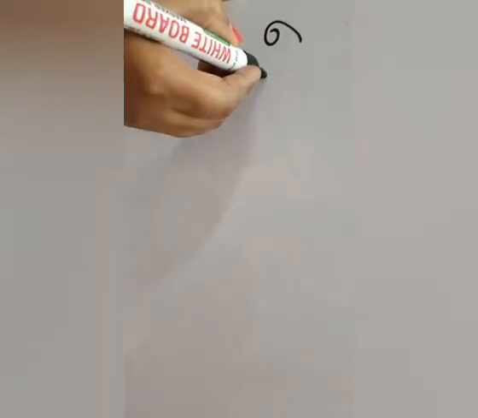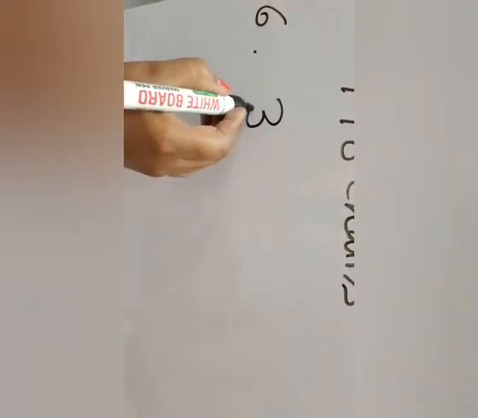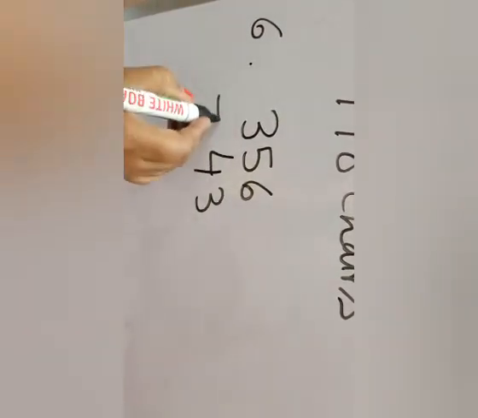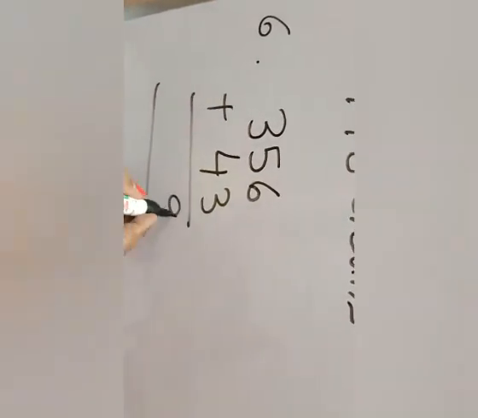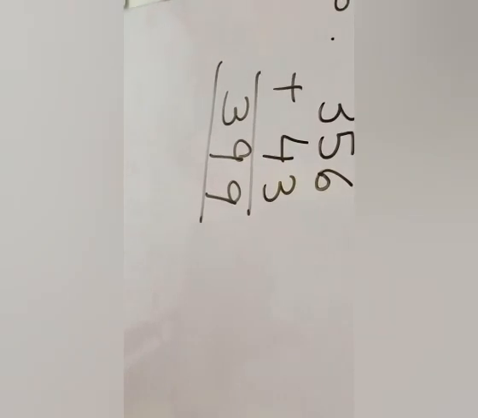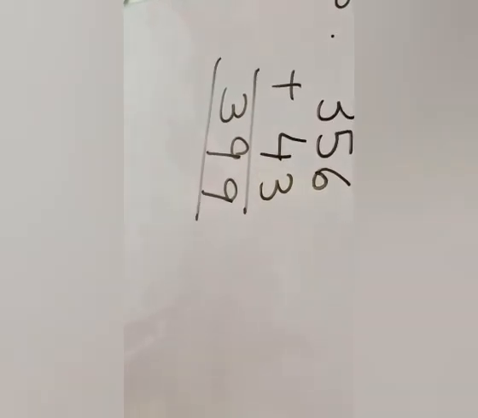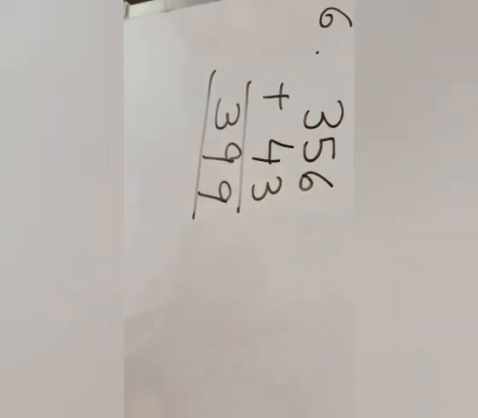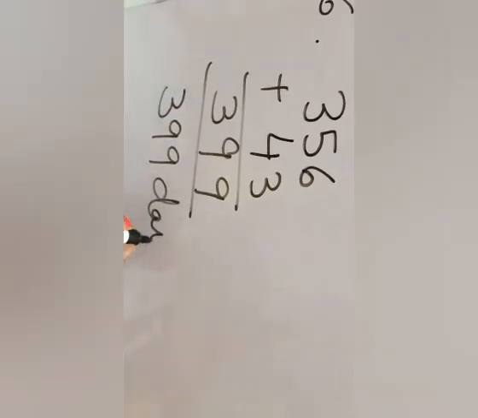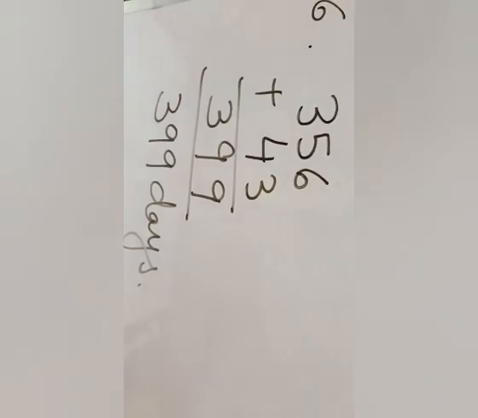Let's add 356 and 43 days. 993. The total number of days which are needed to finish the work of house, 399 days. Now last question.